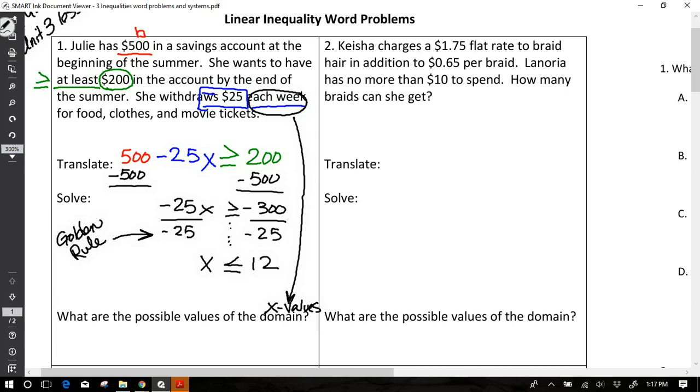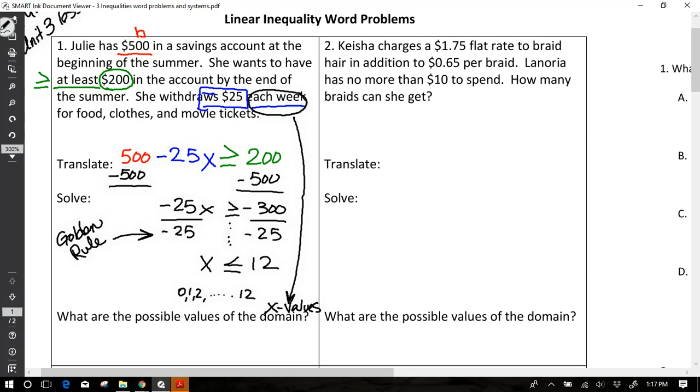So this value here tells me that it could be 0 weeks, 1, 2, and then all the way up to 12. It cannot be negative 1 weeks because we can't go back in time. So we really need to think about in real life situations what numbers are possible. Okay. So we have 0 to 12.